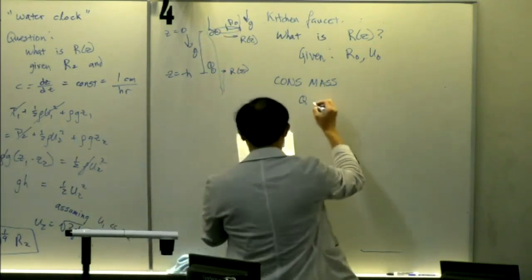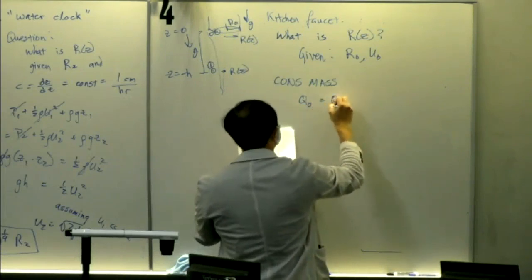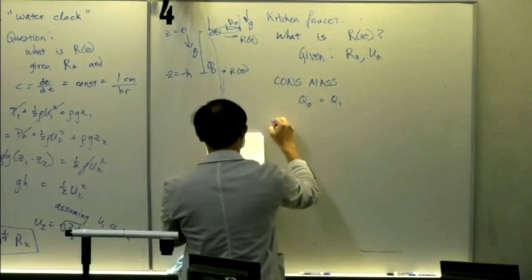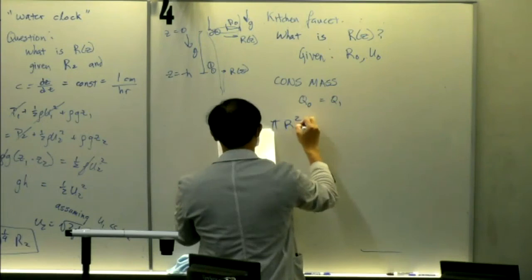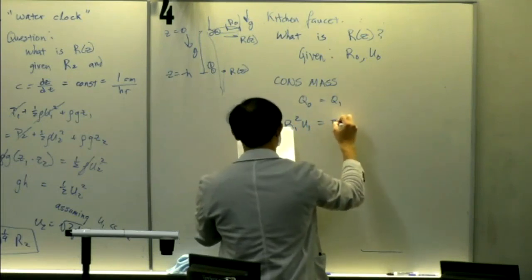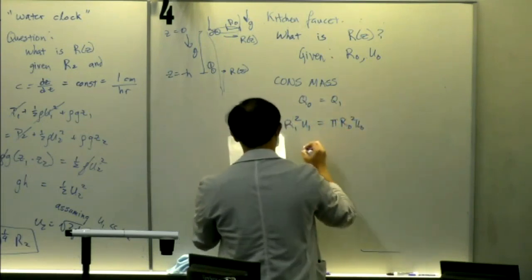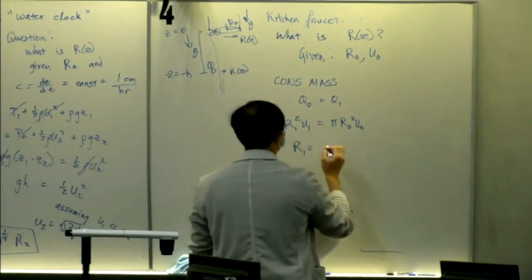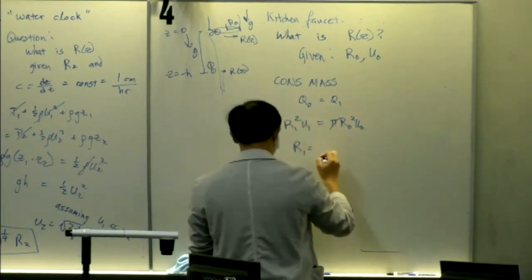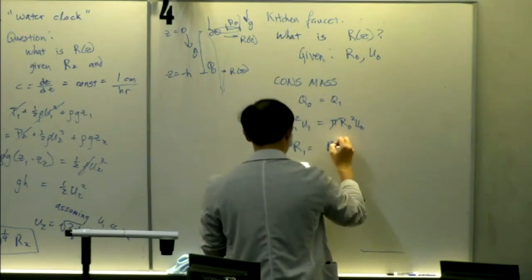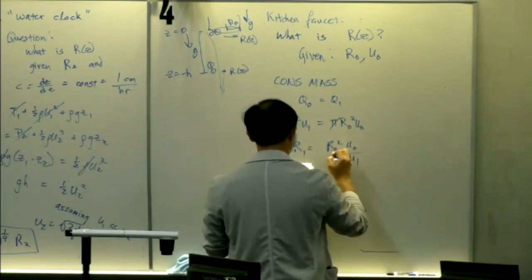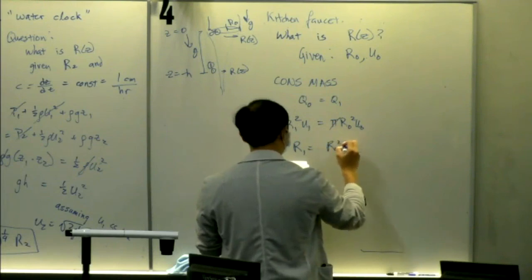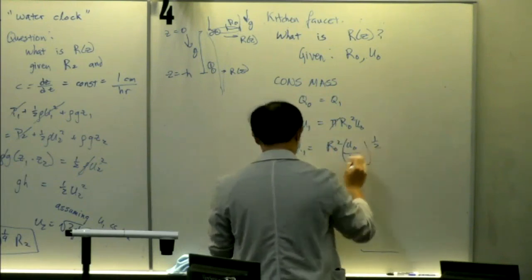Okay. So Q naught is equal to Q1, and you'll need that because R1 is equal to... all right.